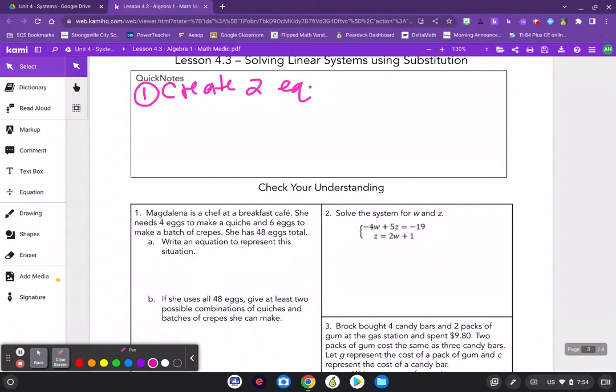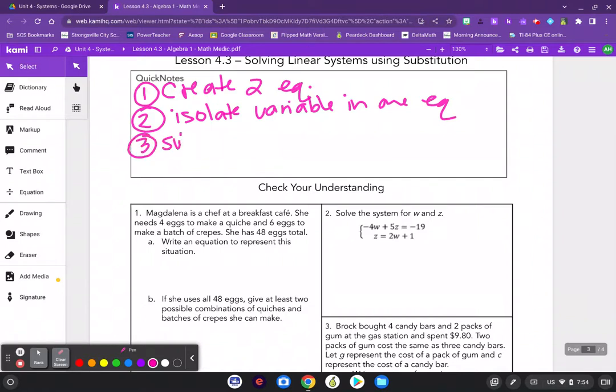I need to isolate a variable in one of those equations if it's not already isolated. And then I'm going to substitute the expression for that isolated variable into the other equation.